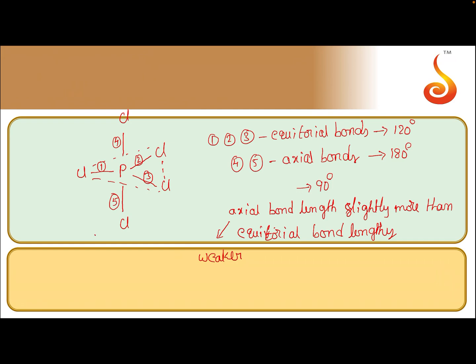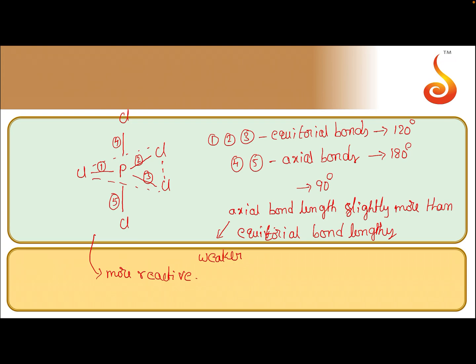Because of that, PCl5 is more reactive. Axial bond lengths are slightly more than equatorial bond lengths, and axial bonds are weaker than equatorial bonds. Because of that reason, PCl5 is more reactive.